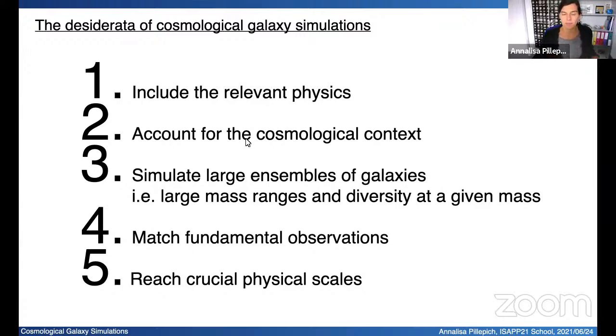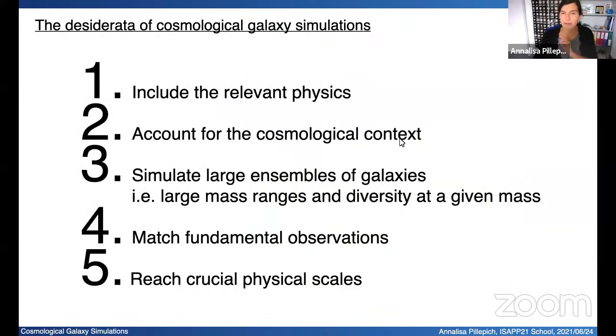Just to give you an example of what I mean by accounting for the cosmological context: galaxies are not isolated. They merge with others. They belong to galaxy clusters. These structures come from the evolution of the large scale structure, which in turn is determined by the evolution of the universe as a whole. Therefore, we have to account for the cosmological context.